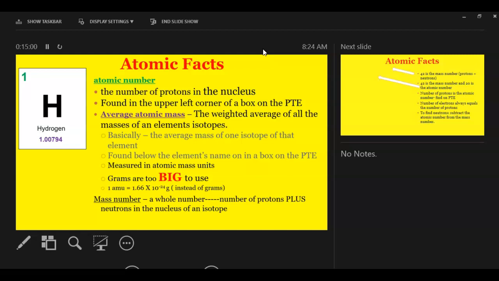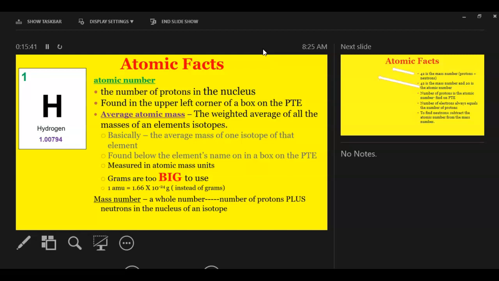Atomic weight, I'll give you the definition: the weighted average of all the masses of the naturally occurring isotopes of an element.